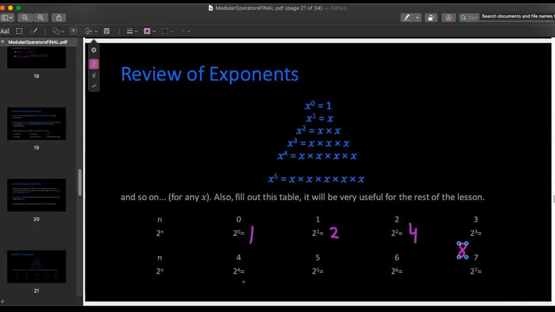2 to the power of 4 equals 16. 2 to the power of 5 equals 32. 2 to the power of 6 equals 64. And 2 to the power of 7 equals 128.